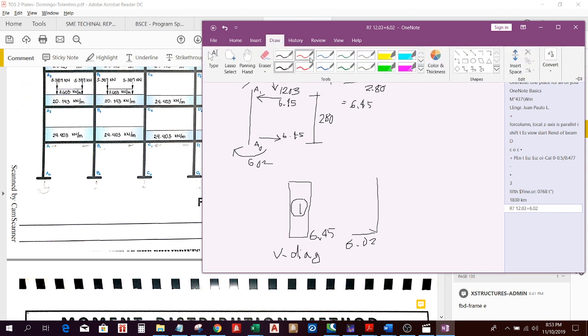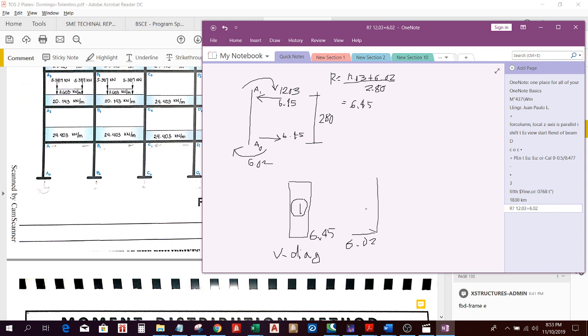As our principle or concept in shear and moment diagram, this value 6.02 will be subtracted by the area of this one because this is negative.